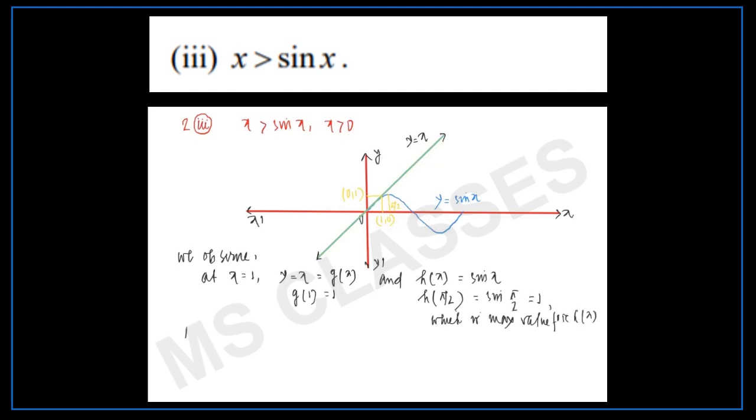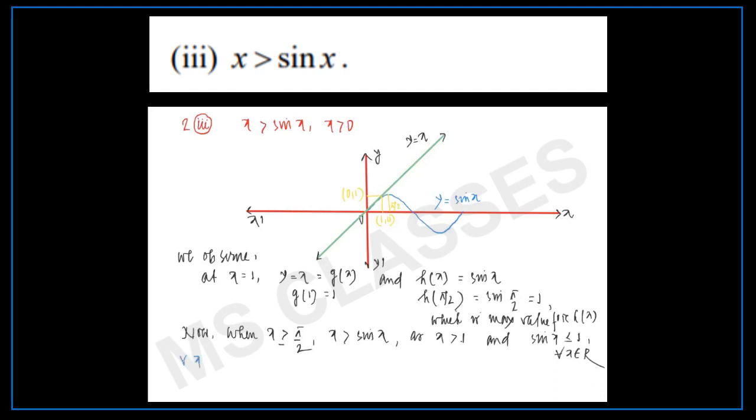Now, when x is greater than or equal to pi by 2, x is greater than sin x, as x is greater than 1 and sin x is less than or equal to 1 for all x belongs to R. So we'll focus over 0 to pi by 2 only for the increasing part.